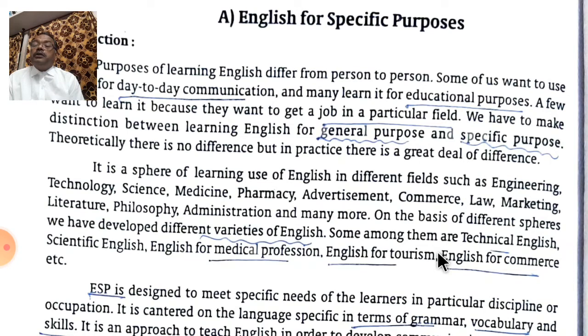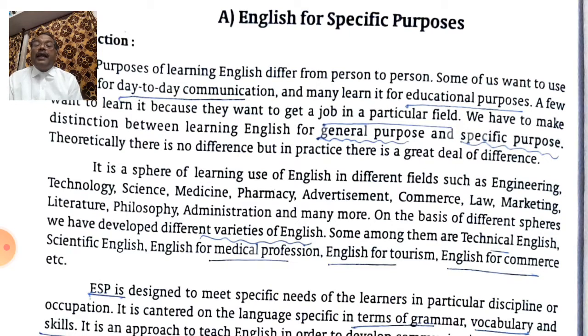But for different purposes, we have developed different varieties of English.